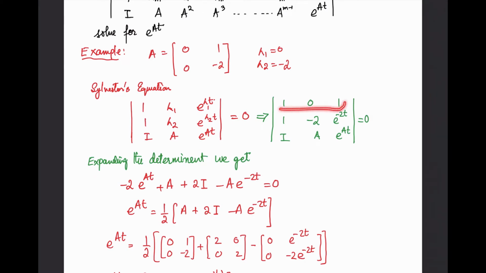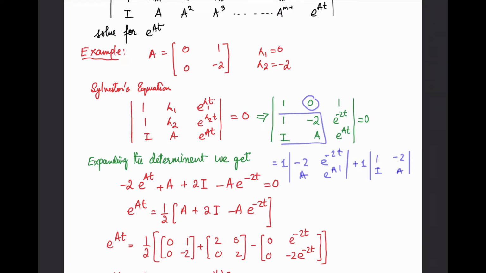So using the first row, we can write it like that, minus 2 e raised to the power minus 2t, A into e raised to the power At. This will be multiplied with 1, minus, this part is 0, so then plus 1 into 1 minus 2 I and A, right? So using this part and this part.